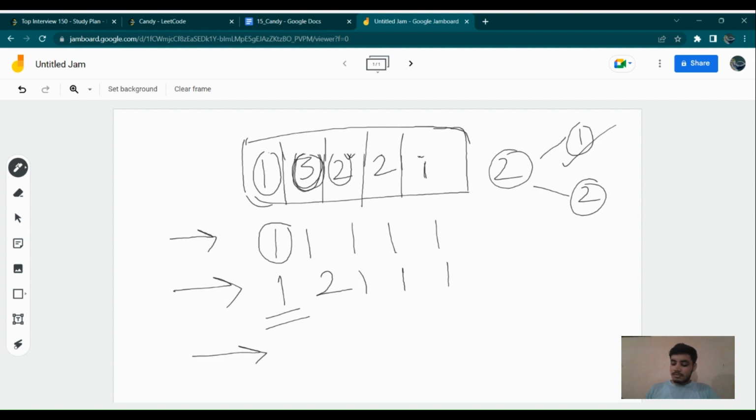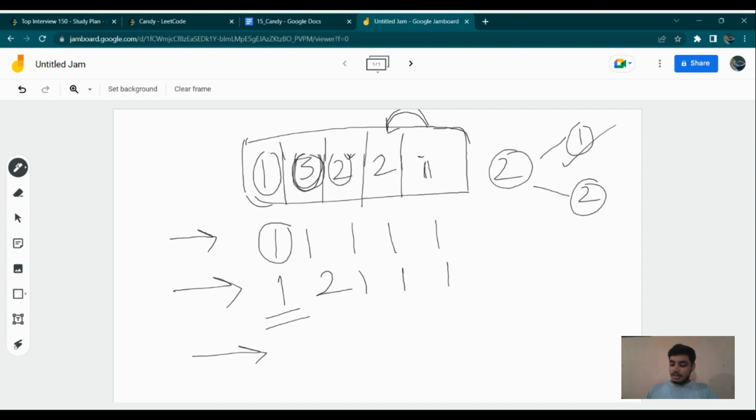Now we are going to start from this index and check these two. First we are going to check this and this. You will see that the next index is higher. So if the next index is higher, you have to increase, and by what amount? The previous one plus the current one.